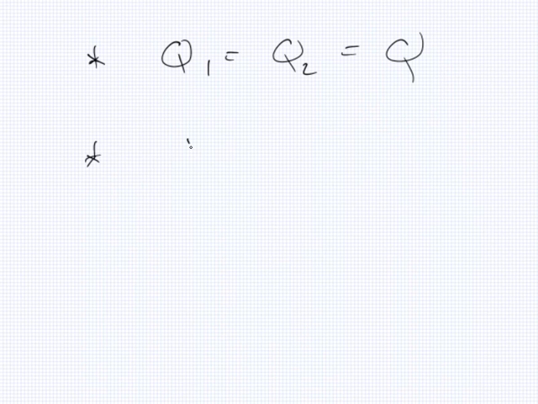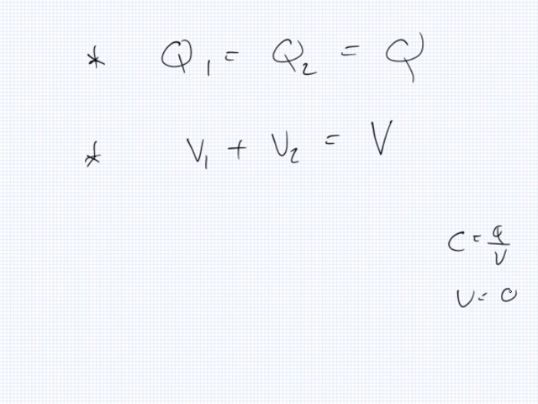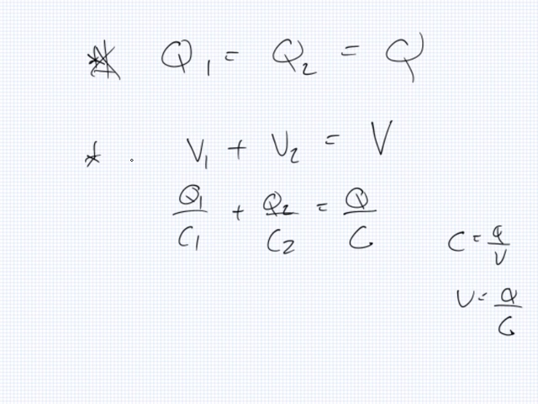You know that V1 plus V2 must equal the total V, because they're in series, and you have the formula C equals Q over V, so V equals Q over C. So then this is Q1 over C1 plus Q2 over C2 equals total Q over total C. But if you're happy that the charges must be equal to be in equilibrium, then these must all be equal, and we can kind of see this formula now.